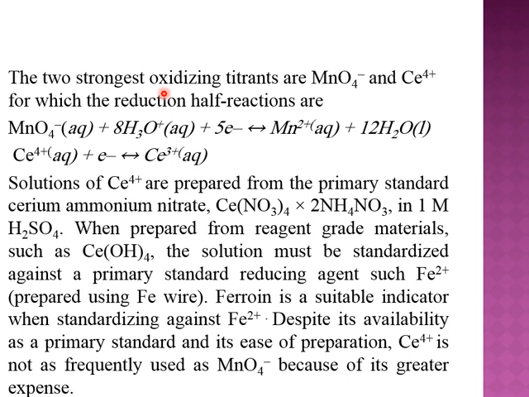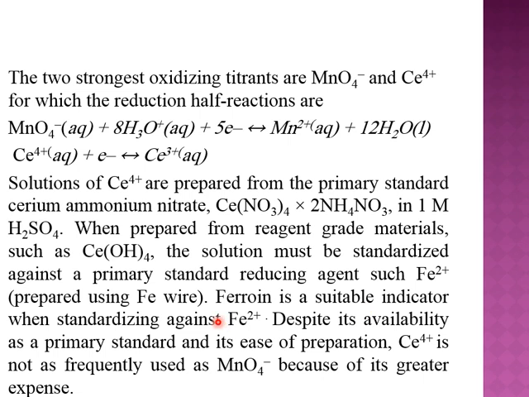The two strongest oxidizing agents used are permanganate and cerium, and they have these reactions. Potassium permanganate is reduced to Mn+2 and cerium is reduced to Ce+3. Cerium can be prepared from primary standard cerium ammonium nitrate, so there is no need for standardization. It's highly pure. When it is prepared from reagent grade cerium oxide, the solution must be standardized with a primary standard such as ferrous.